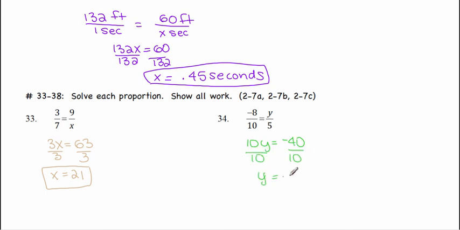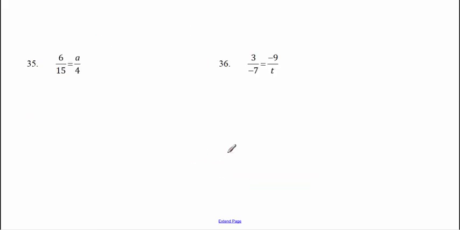Y equals negative 4. Number 35, cross multiply. I have 15a equals 24. Divide both sides by 15. A equals 24 fifteenths, but they're both divisible by 3, so I'm going to divide by 3. And that is 8/5.